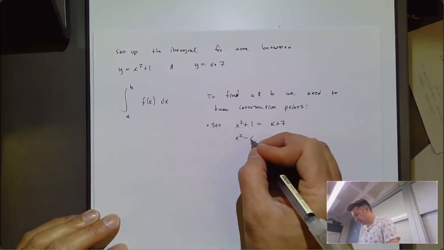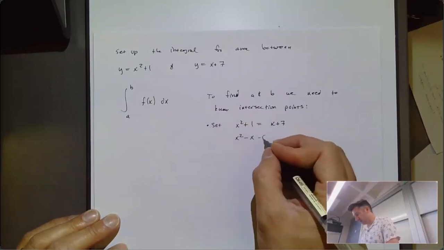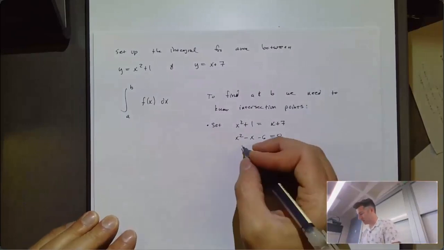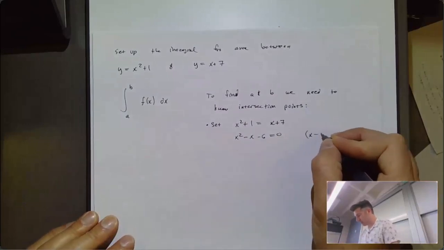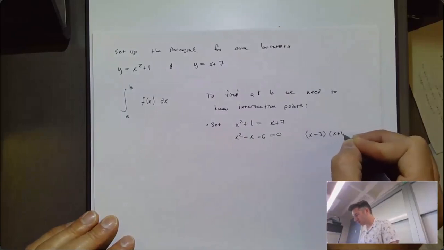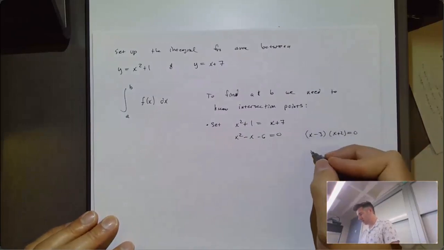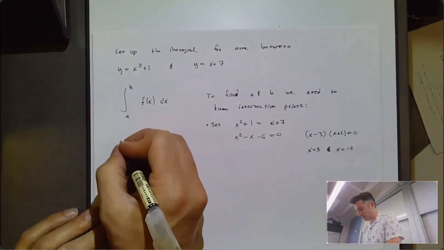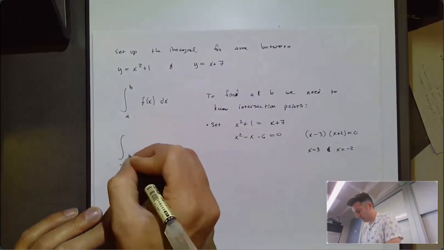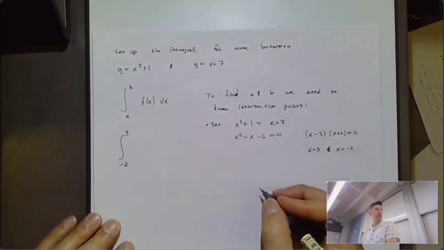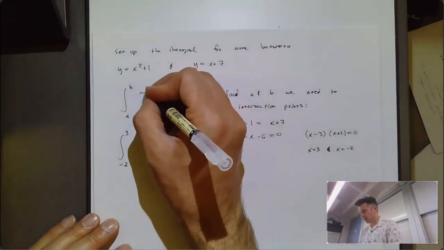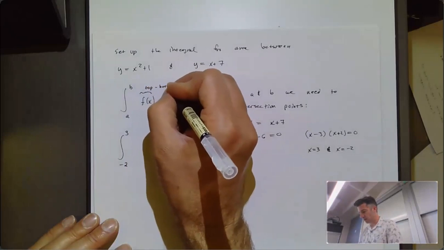So x squared minus x, 1 minus 7 is minus 6, equal to 0. And typically this will factor if someone's been kind. So we have x minus 3 times x plus 2 equal to 0. So we're going to get x equal to 3 and x equal to negative 2. So our integral is looking like the integral from negative 2 to positive 3. And then typically it should be the top minus the bottom. So this f of x here should be the top minus the bottom function.